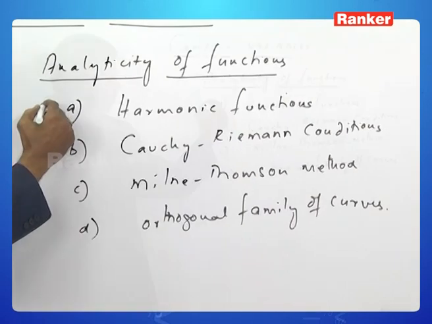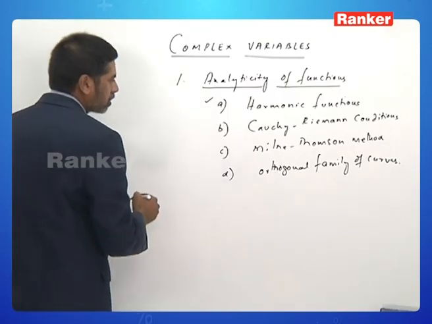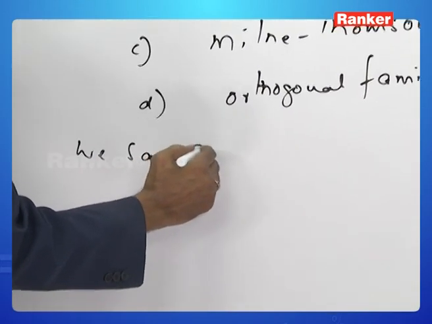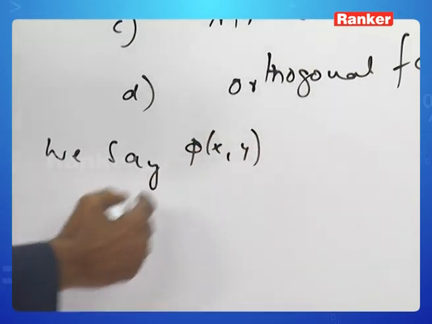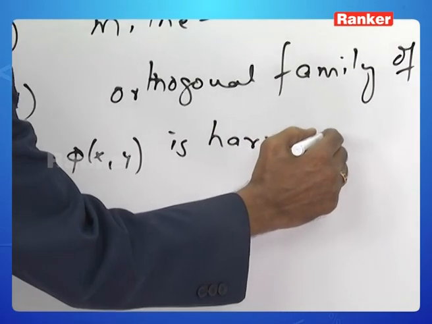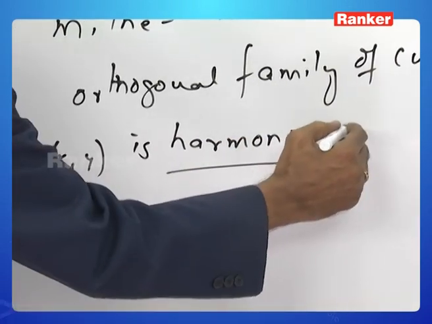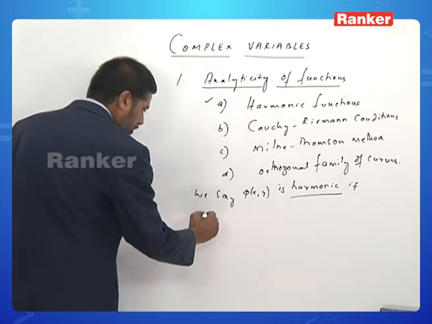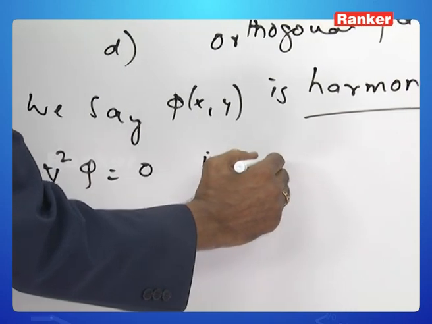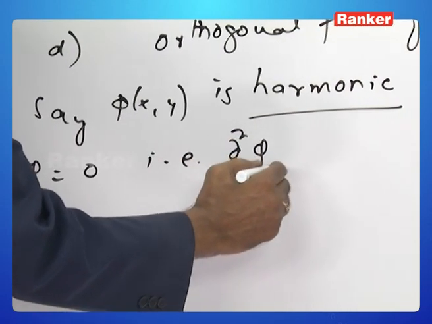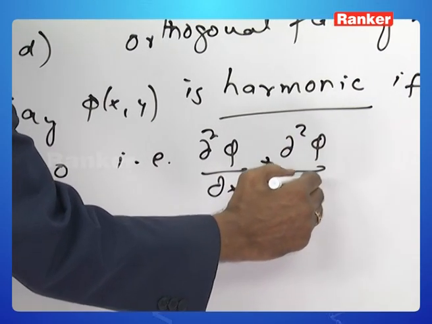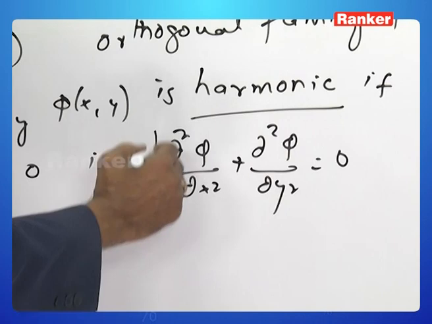Well, if you first look at harmonic functions, we say a function phi of xy is harmonic if del square phi is equal to 0, that is dou square phi by dou x squared plus dou square phi by dou y square is equal to 0.